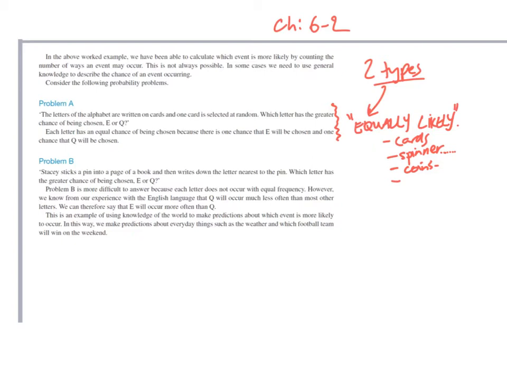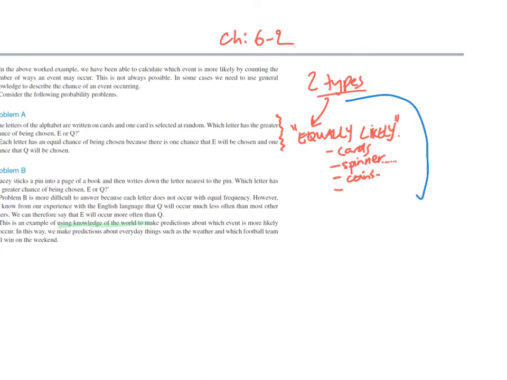Now this other one here talks about somebody writing some letters in a book, and what's the chance that they write particular letters more often than another. So it says that using your knowledge of the world is the way that they calculate that. In probability language, it's more correct for us to say that the other type of event is what we call experimental.